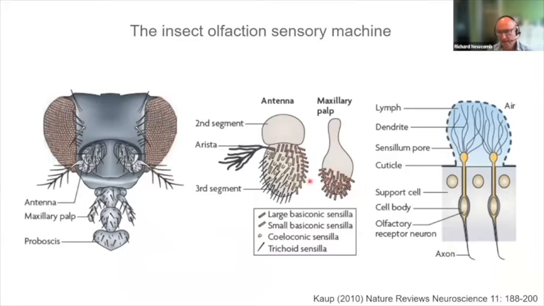And the main unit of olfaction is actually these sensory hairs, called sensilla. These sensilla are hollow, filled with an aqueous solution, and odorants enter through pores in the sensilla and are transported down to receptors that are on the dendrites of these olfactory neurons.